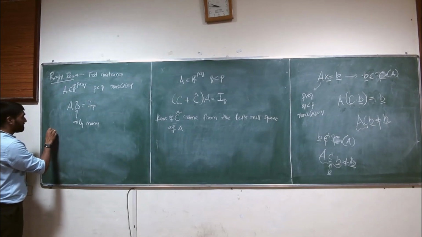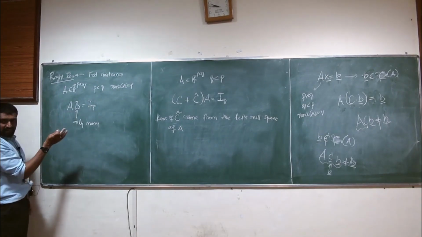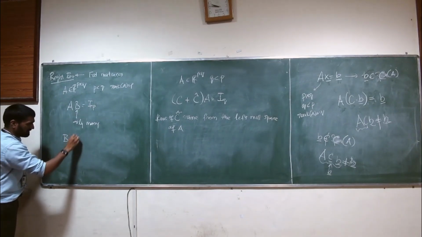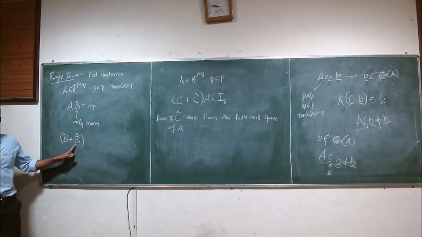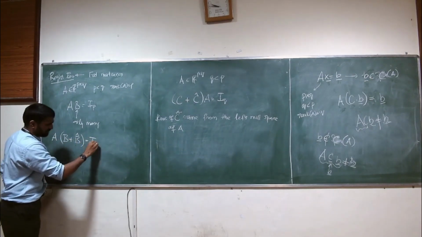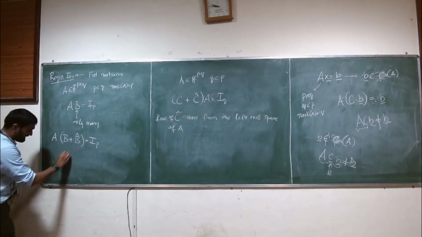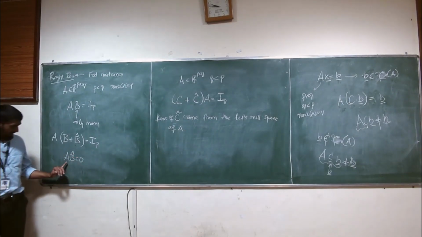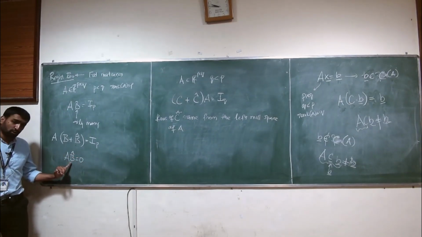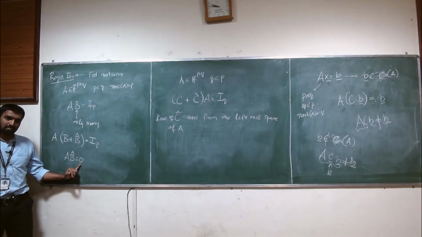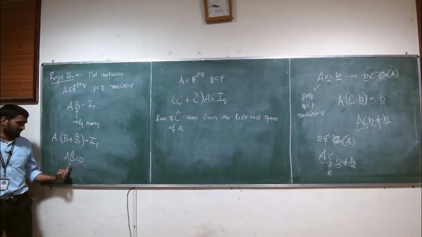Now, let's say B is a right inverse for A. I can always add a matrix B cap such that A times B cap is 0. That means A times the individual columns of B cap gives me 0. What does that tell me about the columns of B cap?